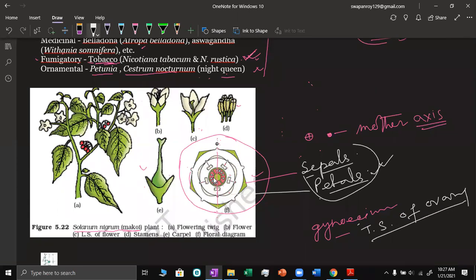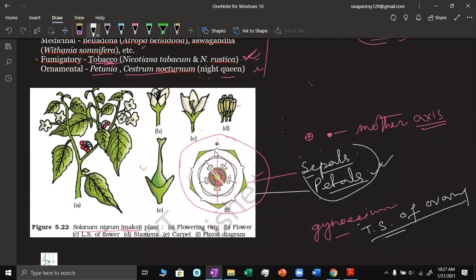Okay, in the gynoecium, TS of the ovary is drawn, and here you can see that there are 2 chambers. It is shown, and that line of division is oblique.